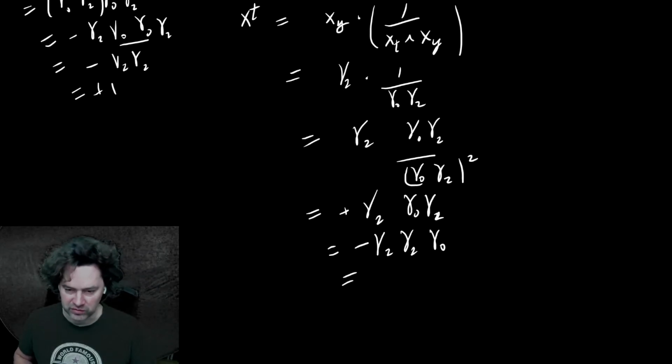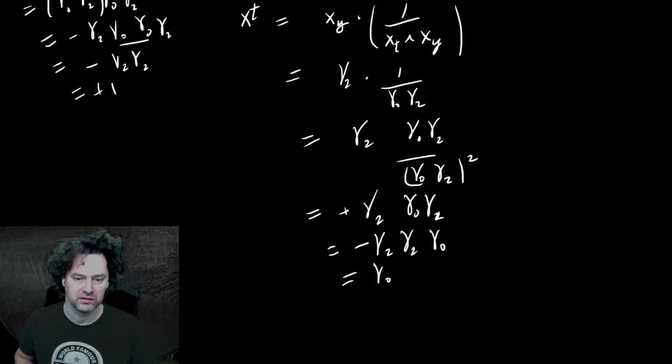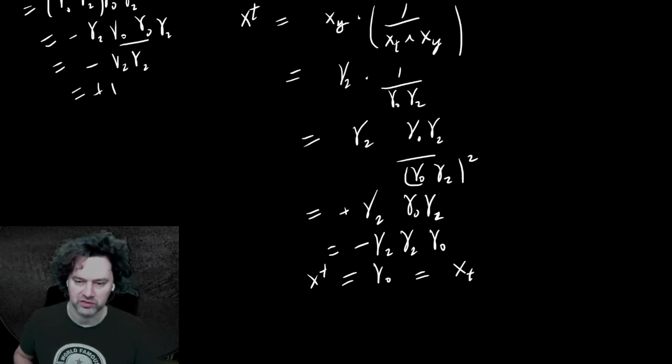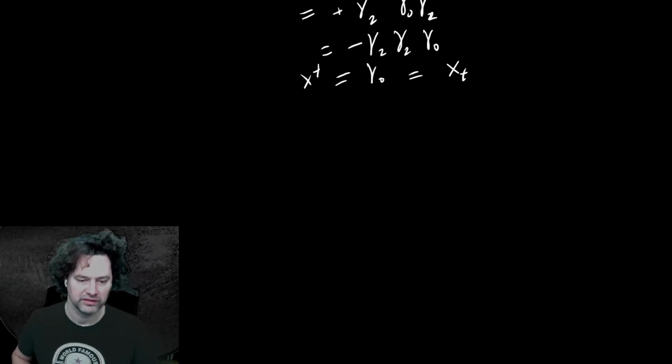And gamma 2 times gamma 2 is minus 1. We have minus minus 1, so this gives us gamma naught. So we have x^t is gamma naught, which is x_t. That's what we expect.